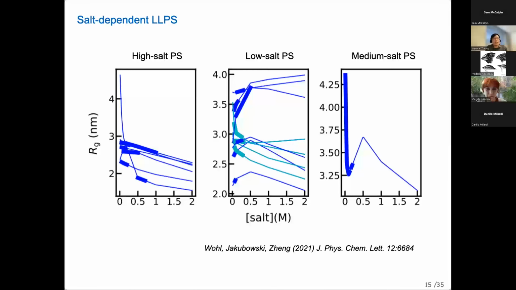So we can quickly simulate the radius of gyration as a function of the salt concentration for the new model. When we have a salt-induced collapse, a smaller radius of gyration, the size of the protein, means a stronger interaction, means they prefer to phase separate. And then the bar here, for every plot, is the experimental condition for determining the salt-dependent phase behavior.